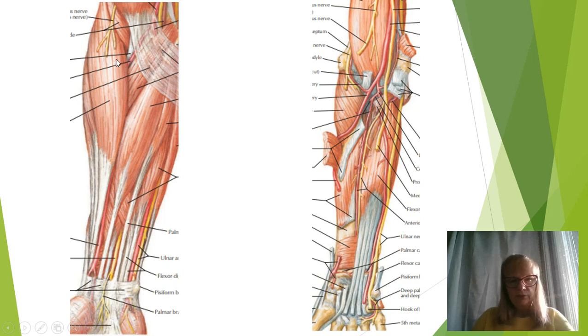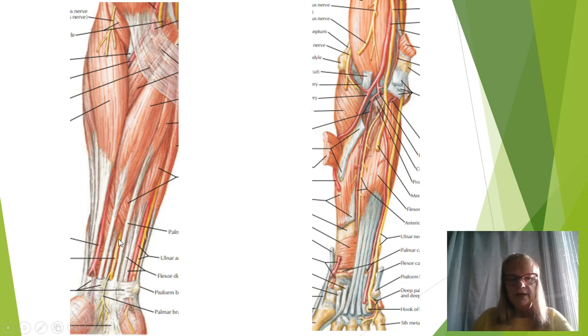So this groove is located between the brachioradialis muscle and the second muscle, flexor carpi radialis.